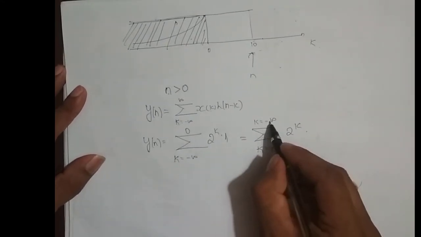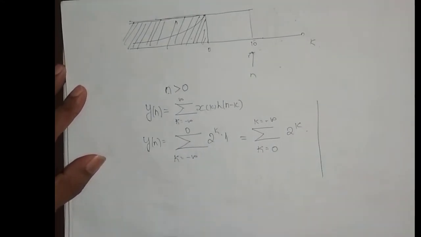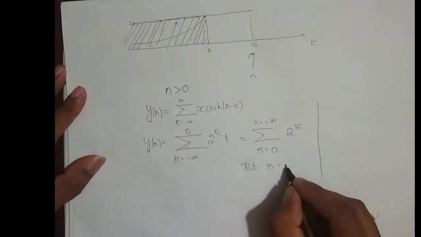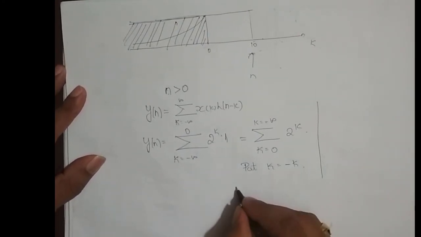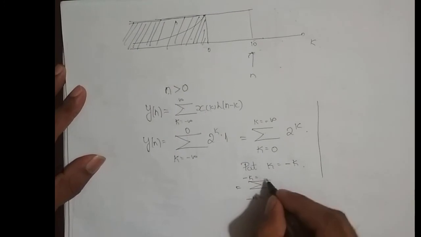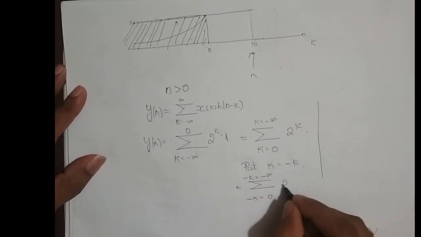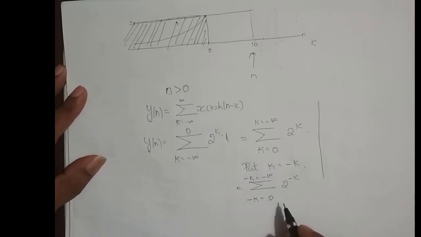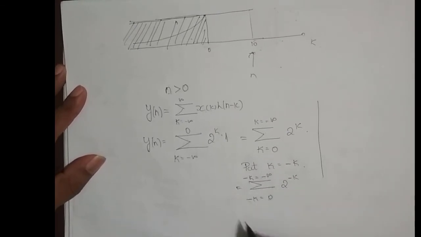Now I have minus infinity here, I need to bring it to plus infinity. So what do I do? Put k is equal to minus k. So what happens to this summation? This is equal to minus k is equal to 0 to minus k is equal to minus infinity 2 power minus k. Now this minus goes to the other side, minus 0 is 0 and minus minus is plus.